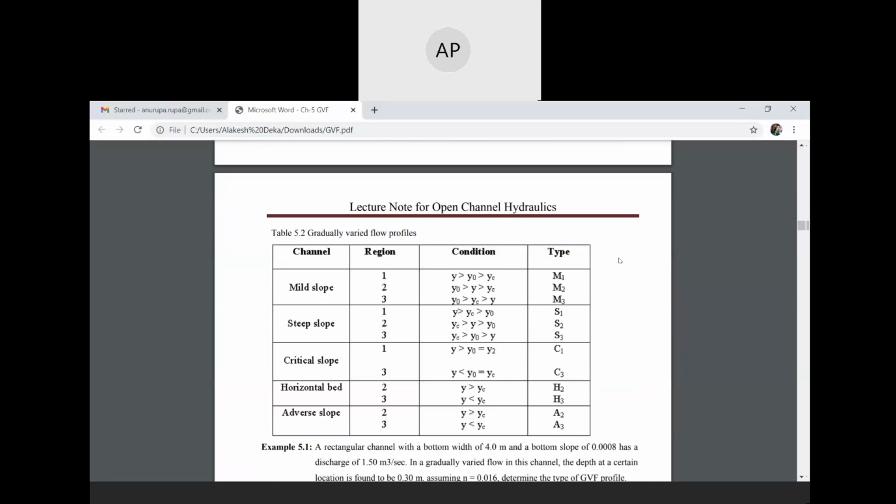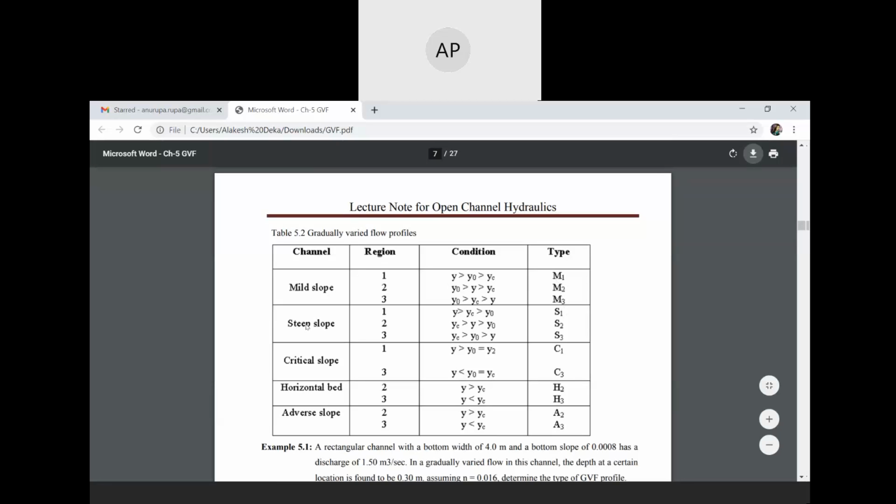Again, the profiles can be classified as M1 type, M2 type, M3 type. The mild slope can be classified as M1, M2, M3, and steep slope can be classified as S1, S2, S3. Okay?